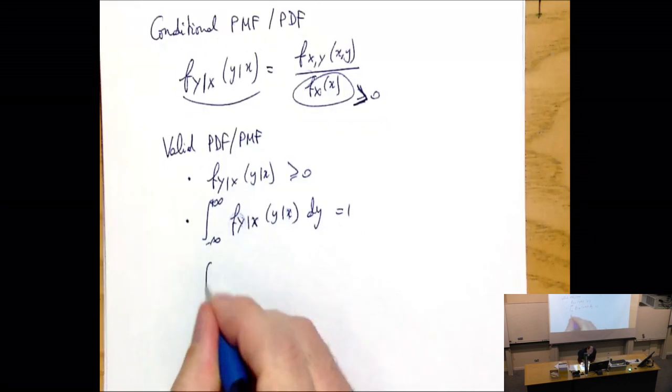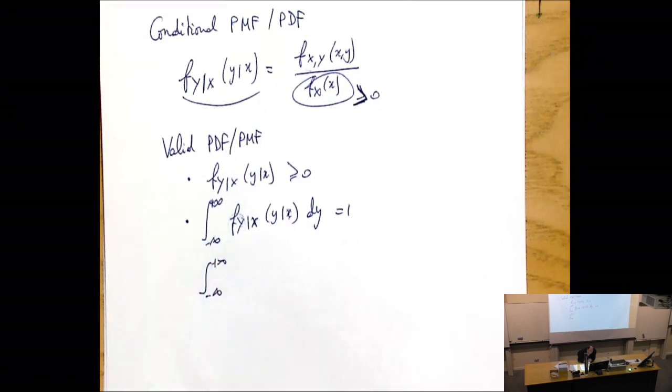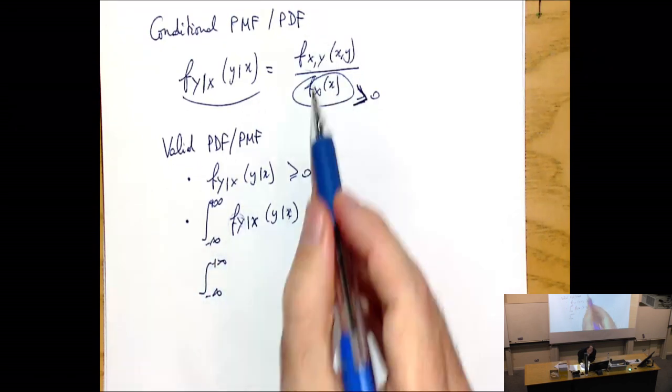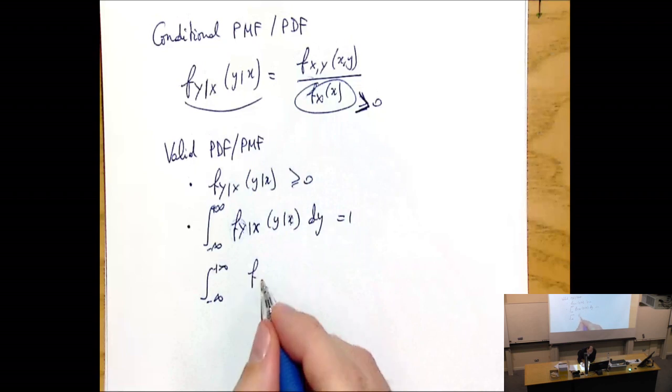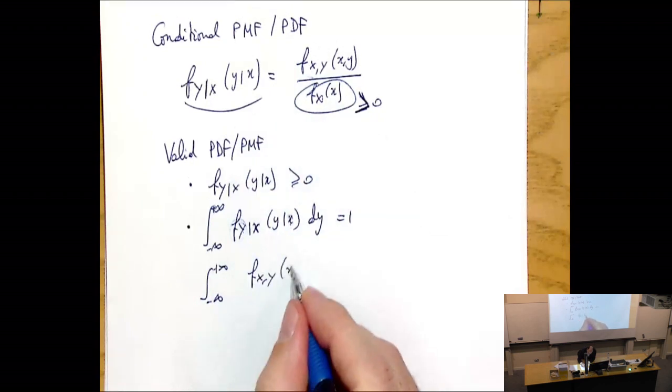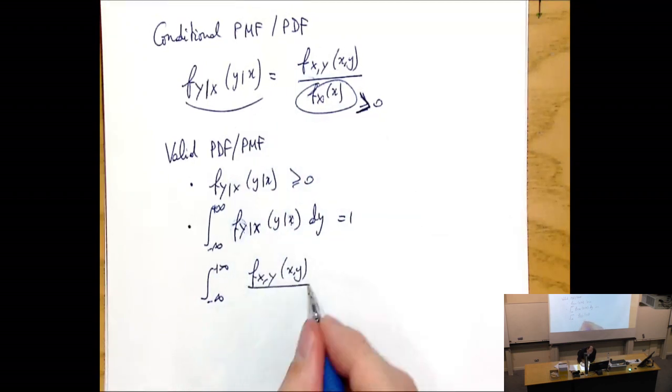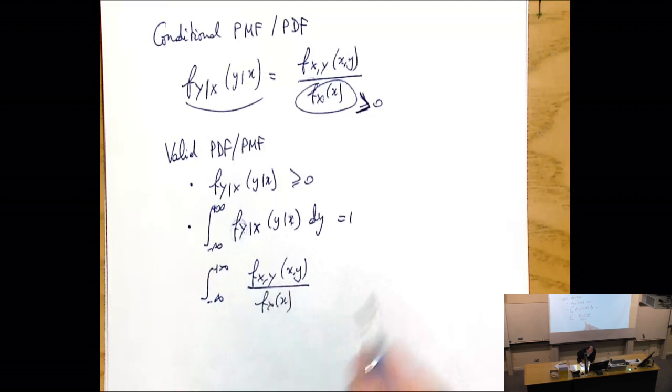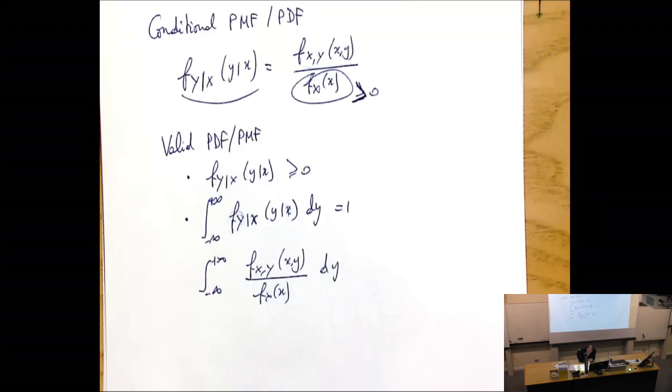Well, we can see this. Let's replace this by this relationship here. So I have the joint PDF of x,y divided by f_X of x, and I integrate over y.